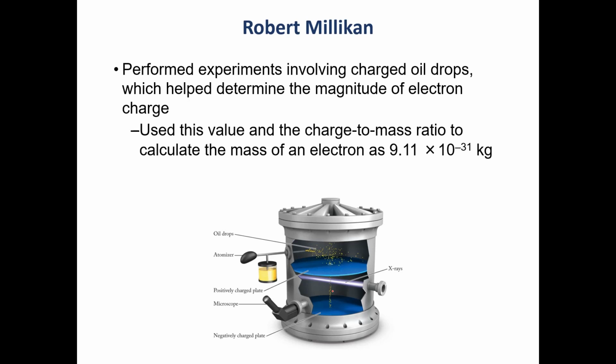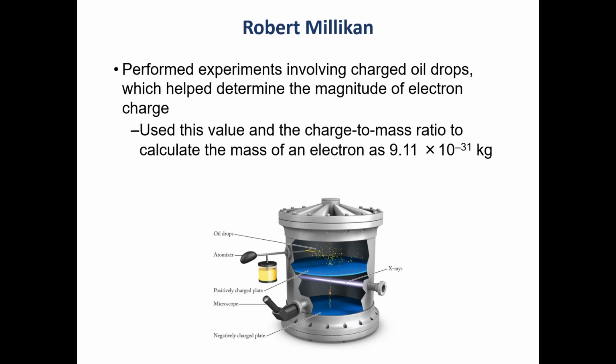And then in the lower chamber we have X-rays that are passed through this chamber. And that ionizes these gas molecules and removes the electrons from them. And those electrons are picked up by the oil drops.